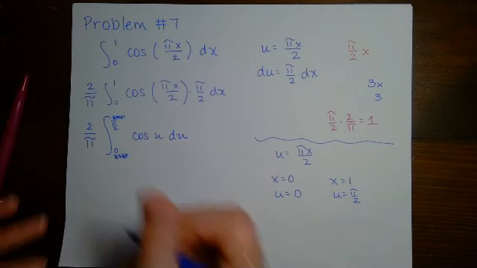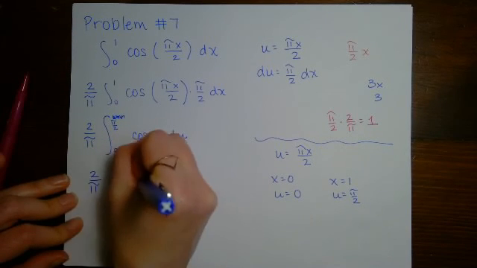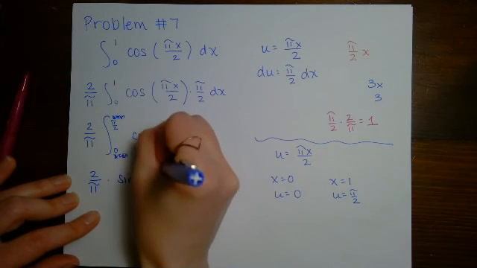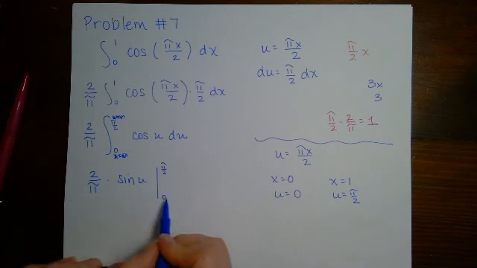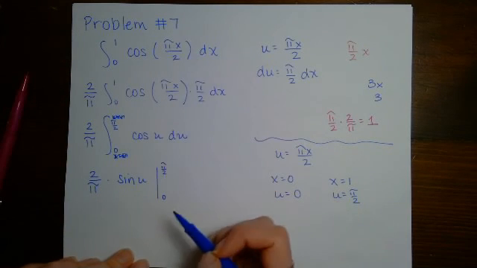Then we will finally be ready to take the integral. The integral of cosine is sine. So we have 2 over pi times the sine of u, and again we're going to do that from 0 to pi over 2, because we are plugging into u, not plugging in for x.